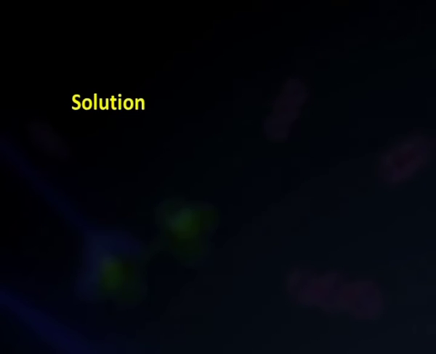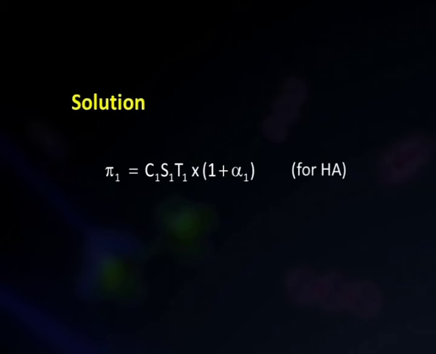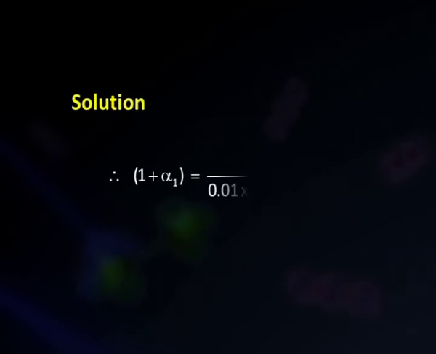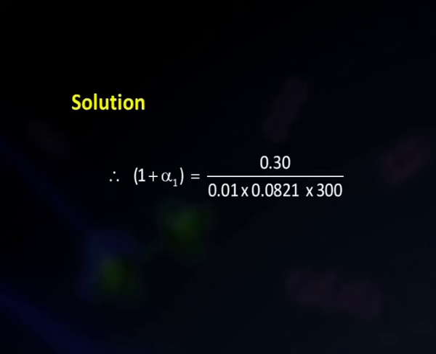Now, the osmotic pressure of the first solution, that is π1, is equal to C1 S1 T1 into (1 plus α1), and the osmotic pressure for the second solution, that is for HB, is π2 equal to C2 S2 T2 into (1 plus α2). Equating both the equations, we will get 1 plus α1 equal to 0.30 upon 0.01 into 0.0821 multiplied by 300, or we get α1 equal to 0.218.